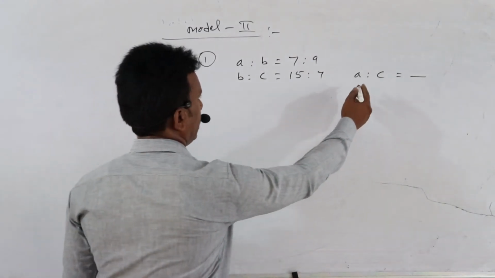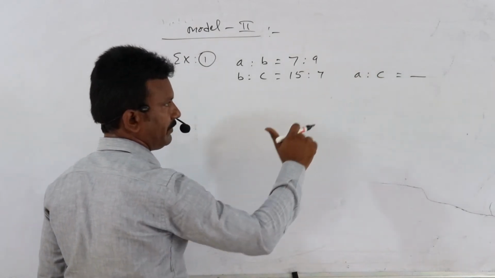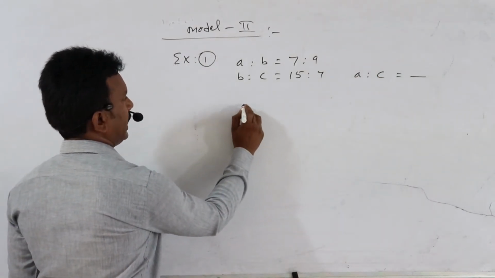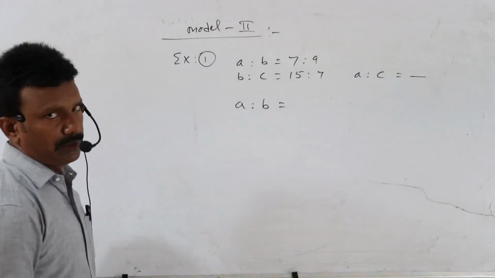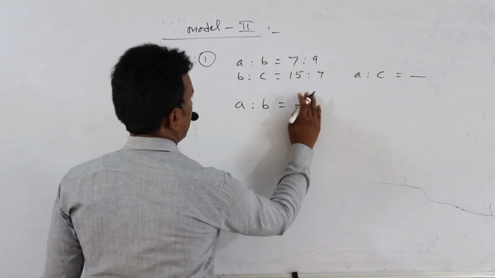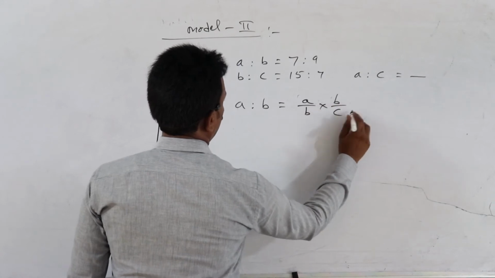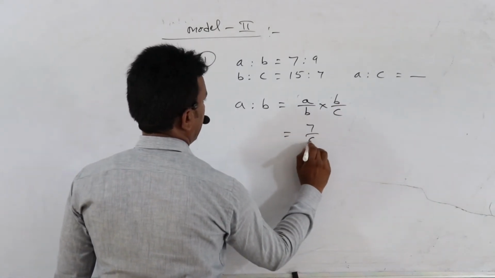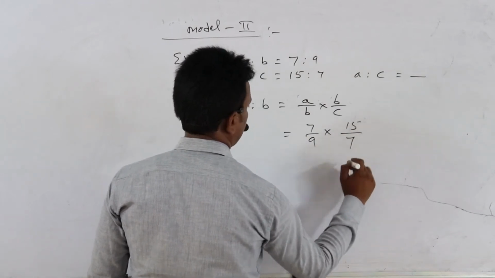So here we want to find the first and last parts of the ratios. We write A is to B as A by B into B by C, the continuous multiplication of the ratios, that equals 7/9 into 15/7.